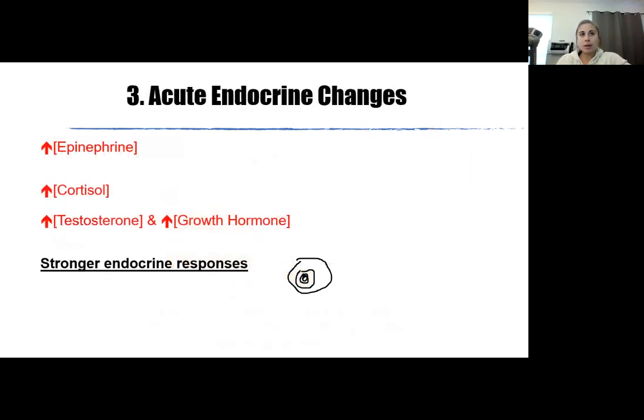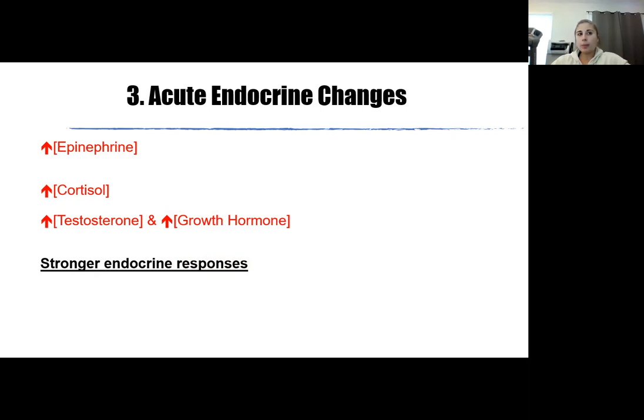Okay. So we'll talk about some endocrine changes, and that's your hormones, of what's happening chronically. We know that acutely we're going to have increased epinephrine, increased cortisol, increased testosterone, increased growth hormone. We talked about that in the previous chart.